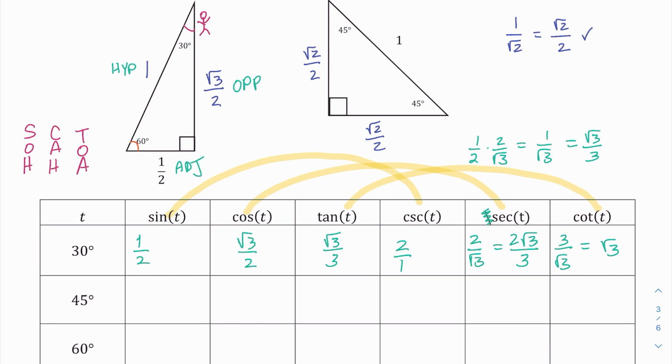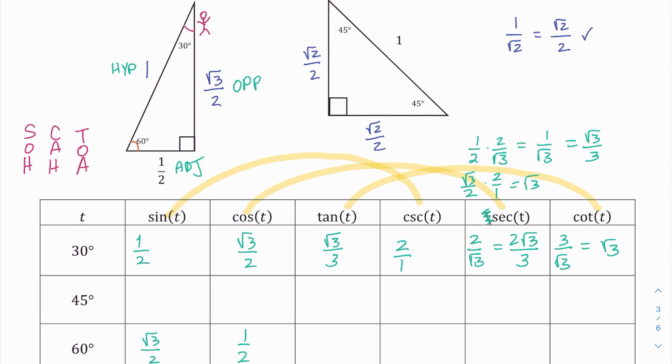All right, so now I'm ready to complete my 60 degrees. So sine of 60 degrees is opposite over hypotenuse, so √3 over 2. Cosine of 60 degrees will be adjacent over hypotenuse, or 1/2 over 1. Tangent will be, of course, opposite over adjacent. So root 3 over 2. This is one where I kind of need a little side work here. Root 3 over 2 divided by 1/2 is the same as multiplying by 2.